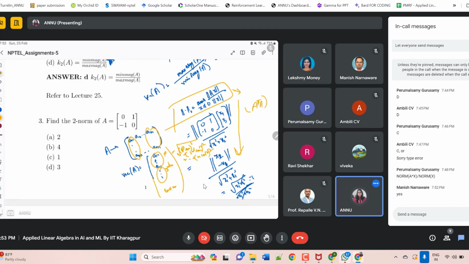That can be an exercise. The square root of A transpose into A will also work.